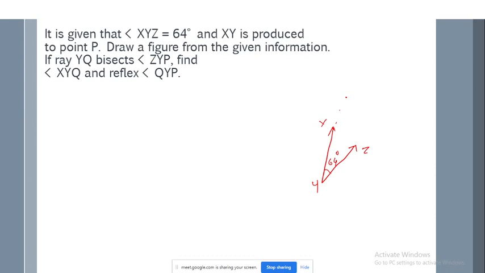So if this is the point P, I'm sorry, my lines may not be proper, it will be like this. So now XYP is a line. Did you get till here? Yes, ma'am. Now they are given that ray YQ is bisecting angle ZYP. What do you mean by bisecting an angle?